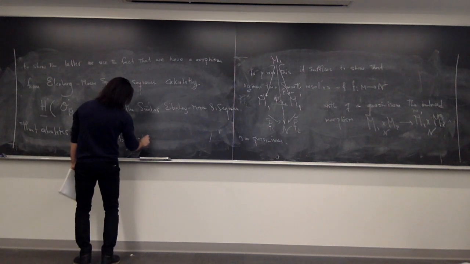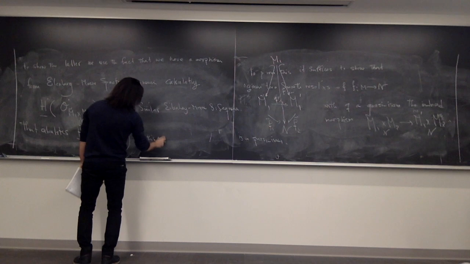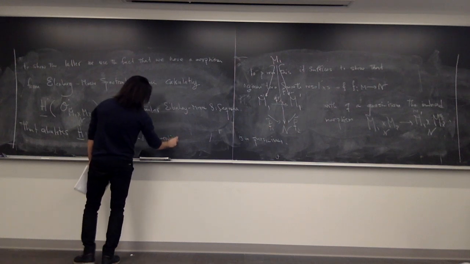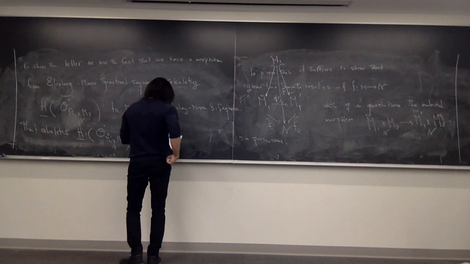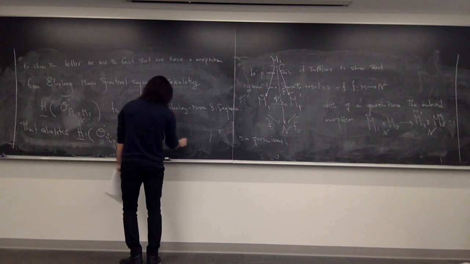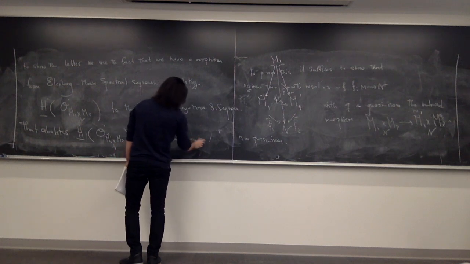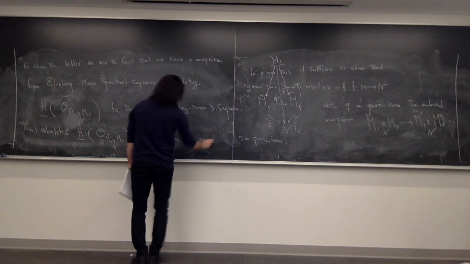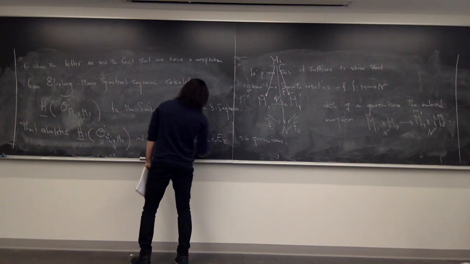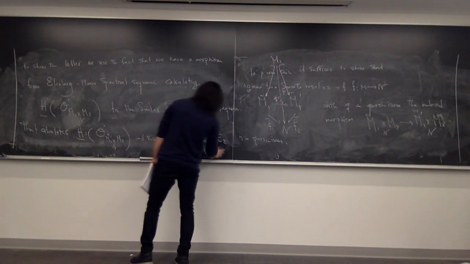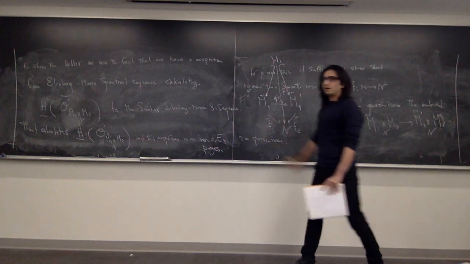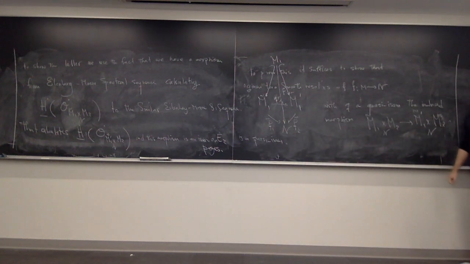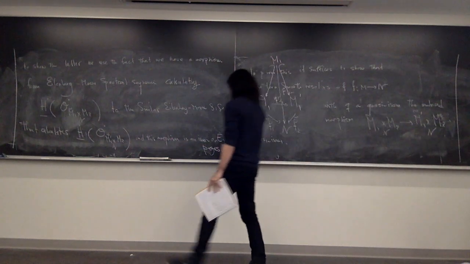And this morphism is an isomorphism on E2 pages. This is roughly how the proof goes. Or in two terms.